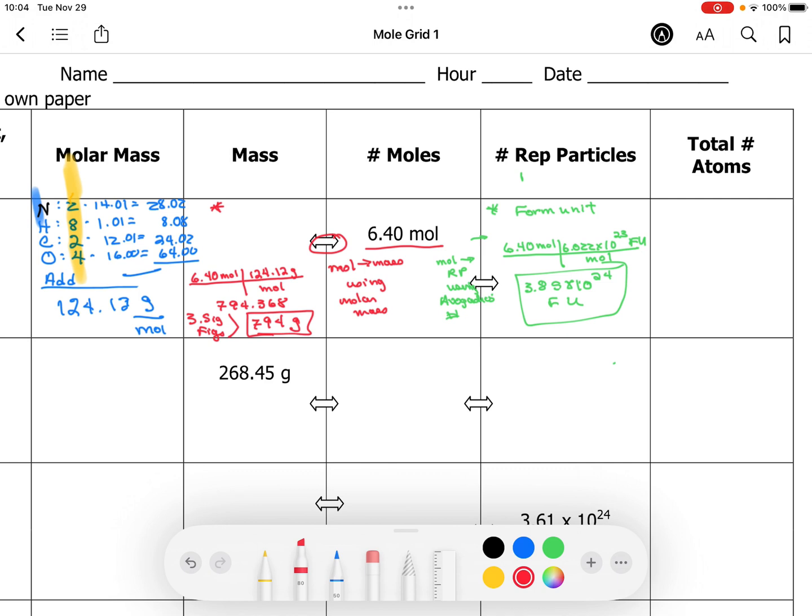I can see that I have 10 plus 6, which means I have 16 atoms per formula unit.